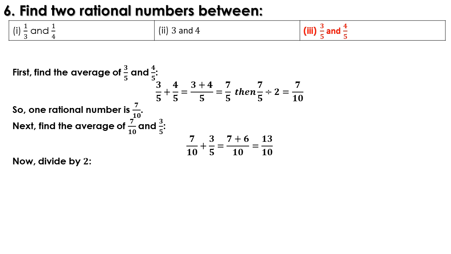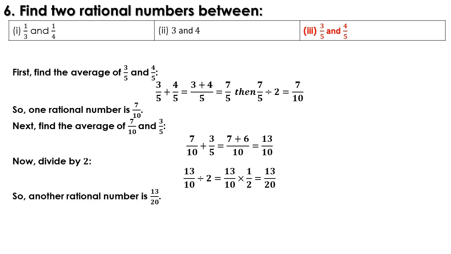Next, divide the sum by 2. 13 divided by 10 divided by 2. Again, dividing by 2 is the same as multiplying by 1 divided by 2. 13 divided by 10 times 1 divided by 2 equals 13 divided by 20. So, the second rational number we get is 13 divided by 20.